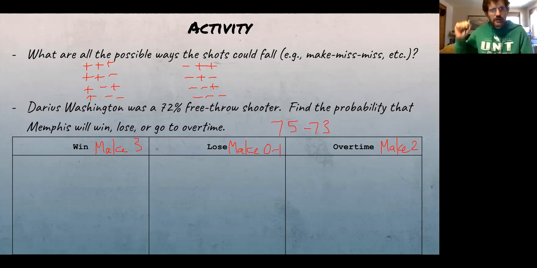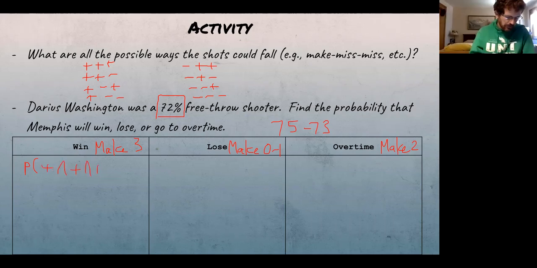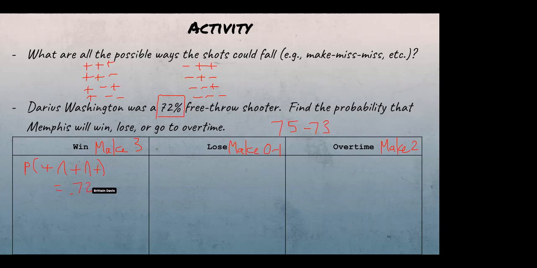Now we can figure out the probability, knowing we have a new piece of information: he's a 72% free throw shooter. Knowing that he makes 72% of his free throws, we can figure out the probability of making 3. It's the probability of make and make and make. That's a multiplication of probabilities. I'm not going to spend long on this. We know the probability of making it is 0.72, so 0.72 times itself 3 times.